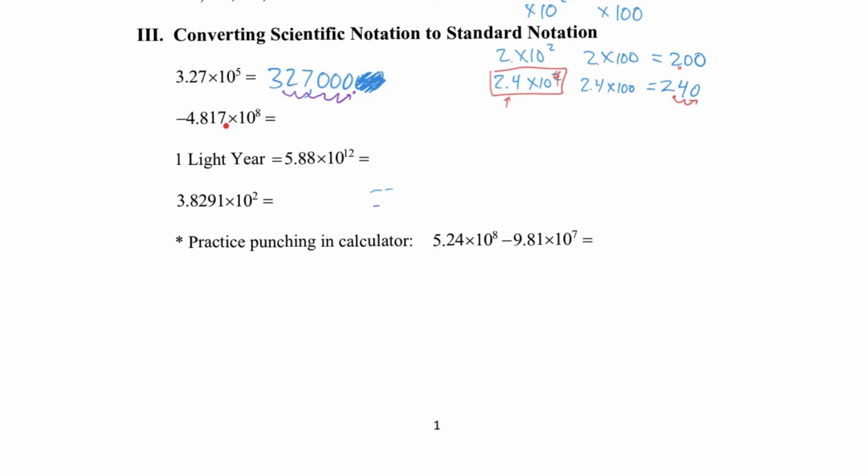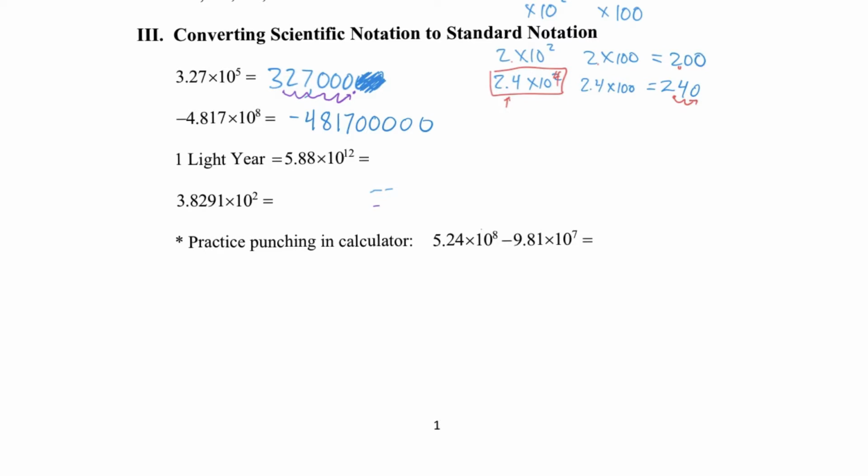How many jumps does it take to get to the end of my number? 3. So how many zeros do we add after that? 5, because we use up 3 of the 8, and 8 minus 3 is 5. So we copy down the number we had before, negative 4, 8, 1, 7. It took 3 jumps to get to the end of the 7, and I have 5 more jumps to go, so I put in 5 zeros as placeholders.